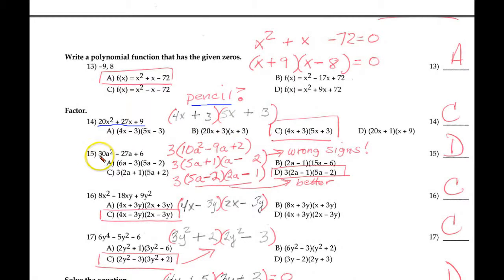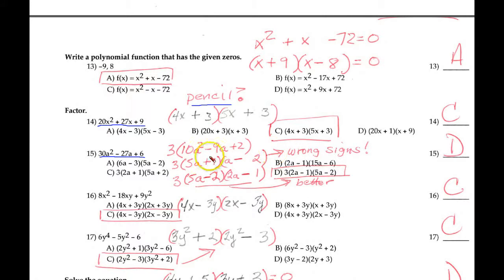All right, at number 15, is there a common factor? It's in standard form, and the answer is yes. There's a 3 in every one that I factored out. Now, I was trying here in ink, and it kind of went all right, but again, this is wrong.